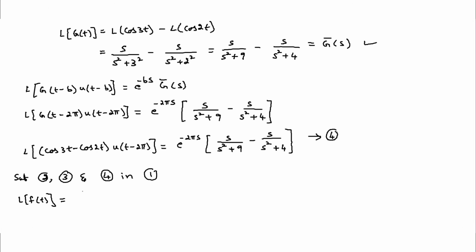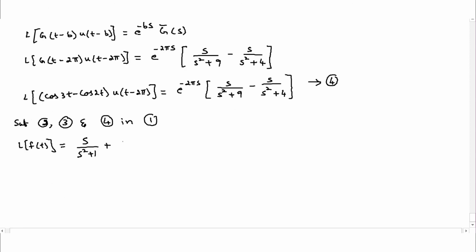Are you getting equation number 2 to be equal to s by s square plus 1? Check it. The next term that you have is your equation number 3. So plus, check your equation number 3. It is e power of minus pi s times s by s square plus 4.